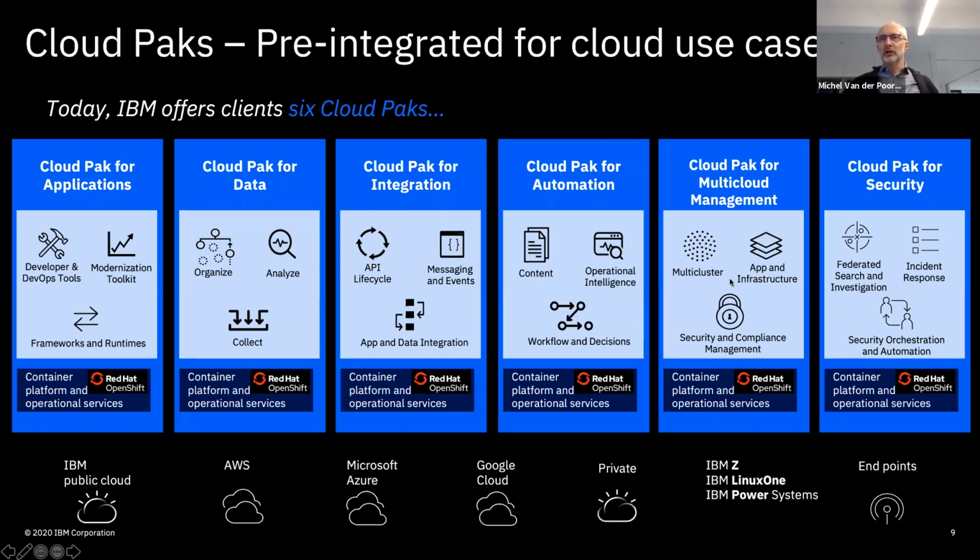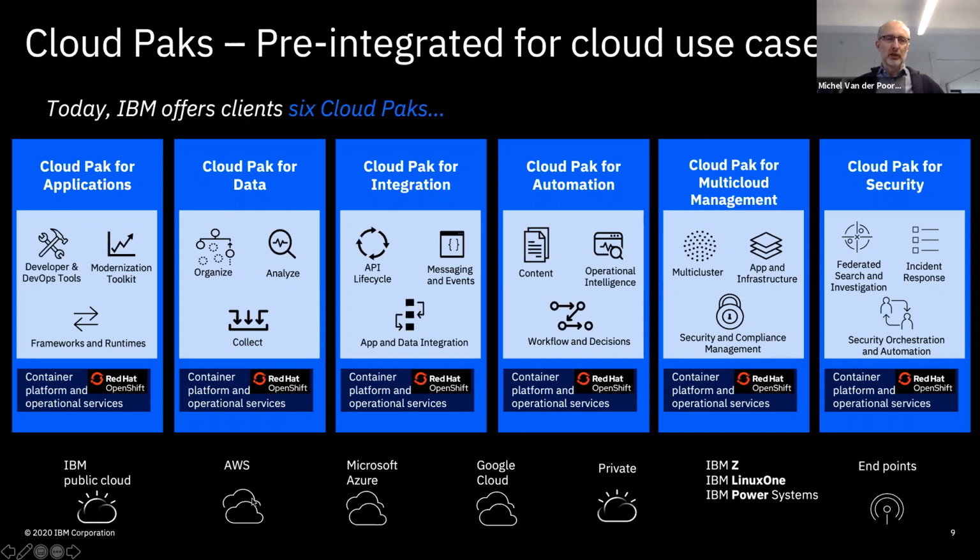Cloud Pak for multi-cloud management, of course, I will deep dive into this one, considering it's the subject of today. And then we also have one on the Cloud Pak for security, where you can find products which may be known by some people, which are called Resilient and QRadar, for instance. Again, deployable wherever there is actually a Red Hat OpenShift stack available.